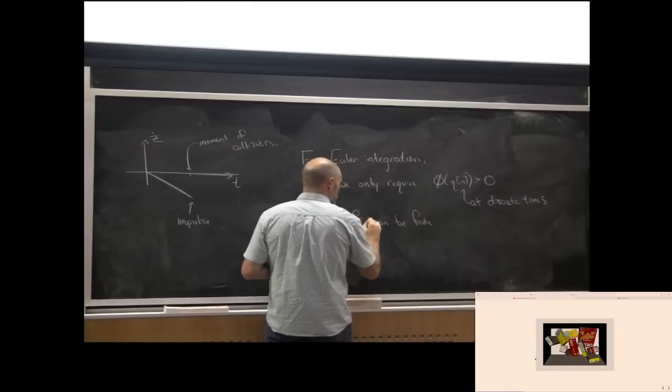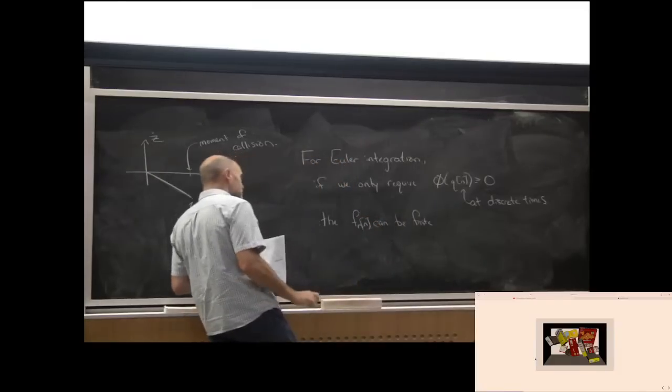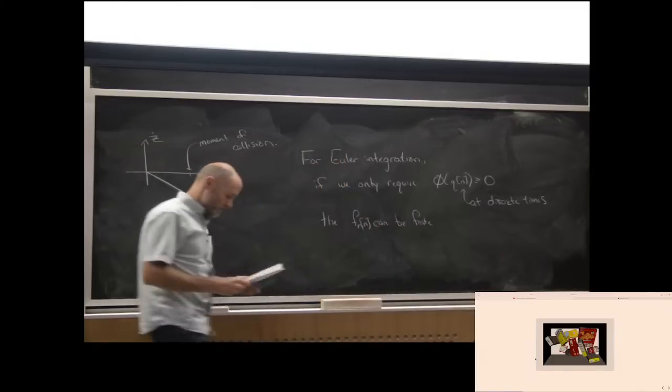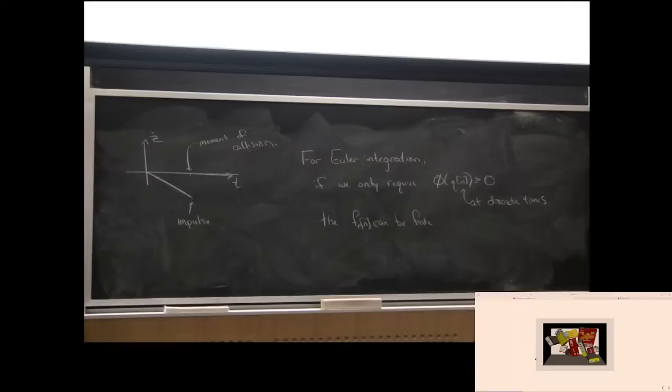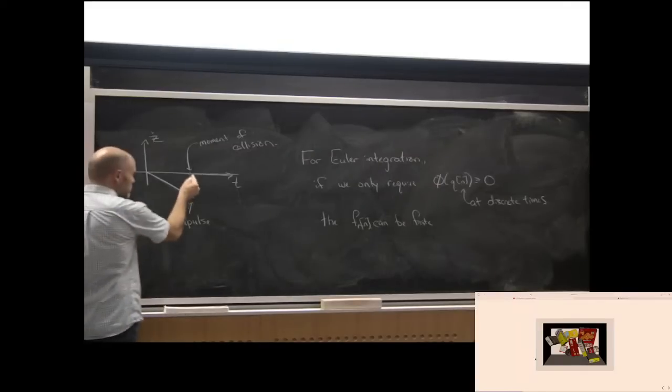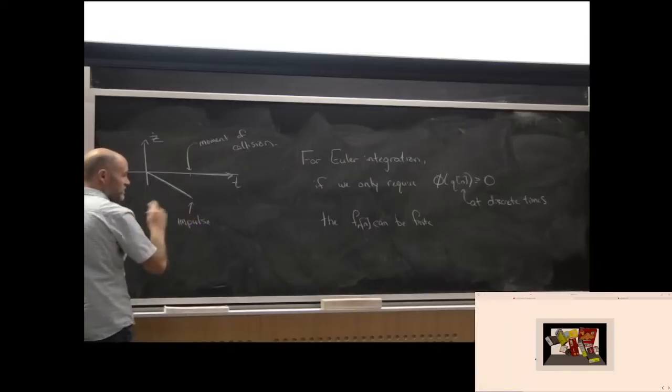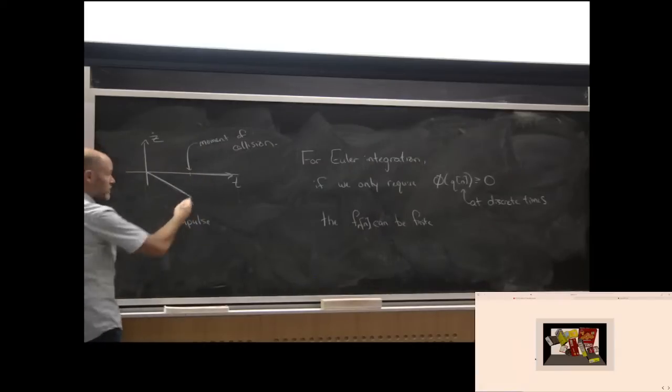It's a little unfortunate, there's two n's there. And in that case, we think of it as an impulsive force integrated over some finite time, so it has a finite magnitude.